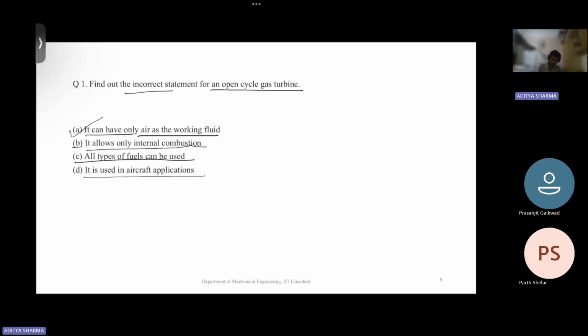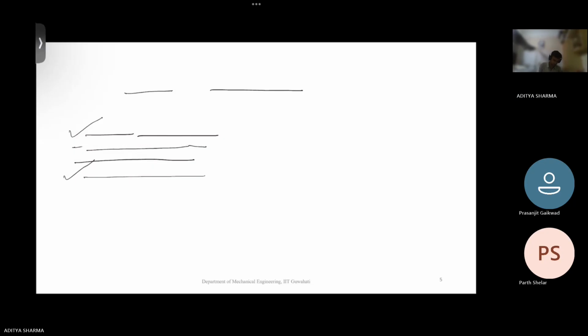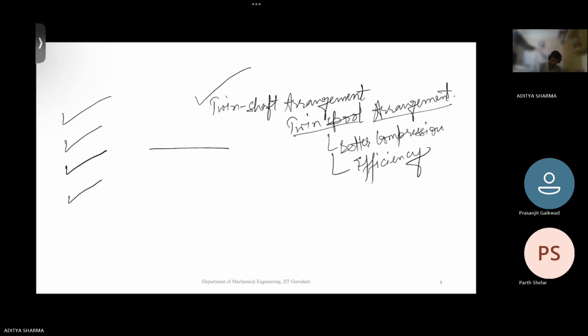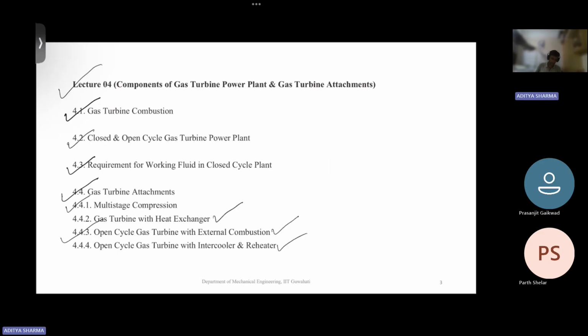So it is used in aircraft applications. So D is correct, A is correct, right? But if you go back, we have a special case for your open cycle gas turbine with external combustion also.